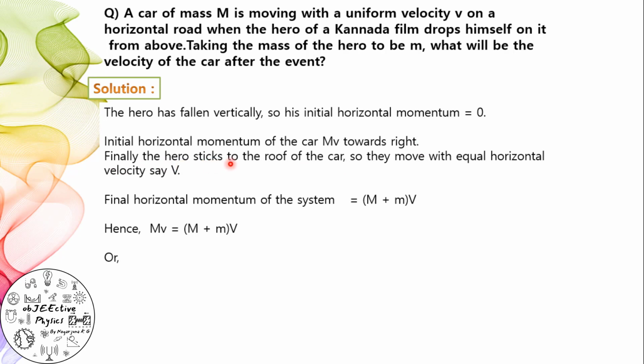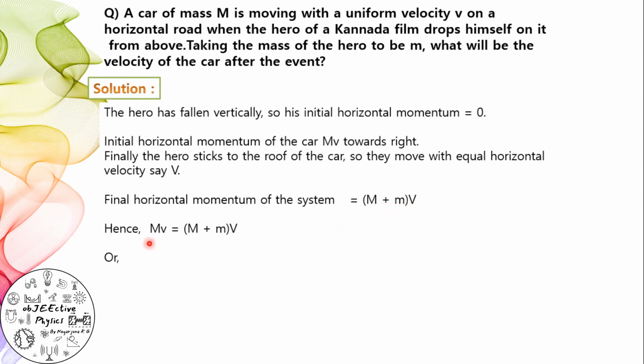Finally, the hero sticks to the roof of the car, so they move with equal horizontal velocity, say capital V. This is the combined velocity of the hero as well as car. Final horizontal momentum of the system, system is nothing but hero plus car, is equal to capital M plus small m into V.